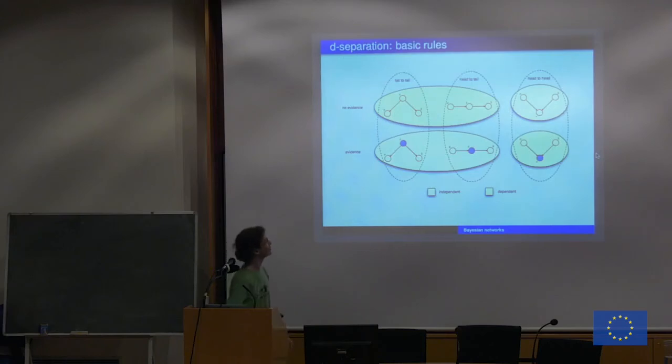Now, in this case, these are the same color, these are the same color, okay? If I put the slides online, you will see the colors. I tell you that it's the opposite, okay? That A and B are independent, and they become dependent if C is observed.